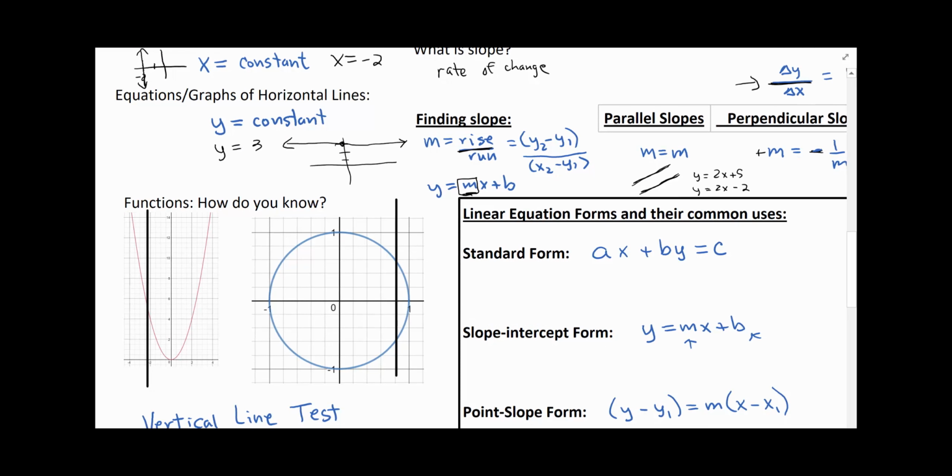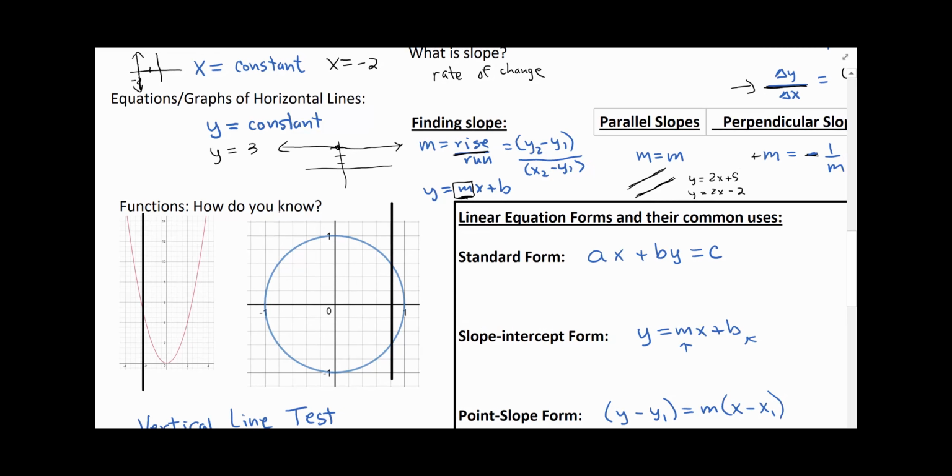Functions. How do you know if something is a function? Because once you get past pre-algebra, algebra and beyond, we often talk about functions, right? And certainly in college algebra class or an advanced algebra class, we'll be talking about functions. And this is one way to know if something is a function or not.